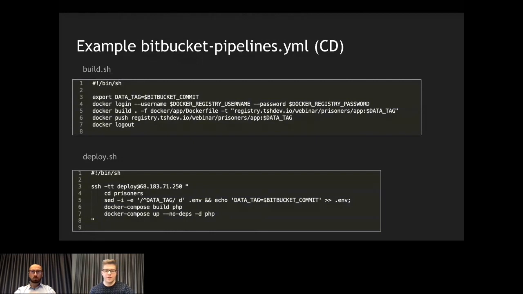Then we are logging into the Docker registry using the username and password from the Docker pipelines configuration. So we are basically setting the sensitive data, for example, the username and password we want to use, in the BitBucket pipeline settings, where they are securely stored and not accessible to everyone.